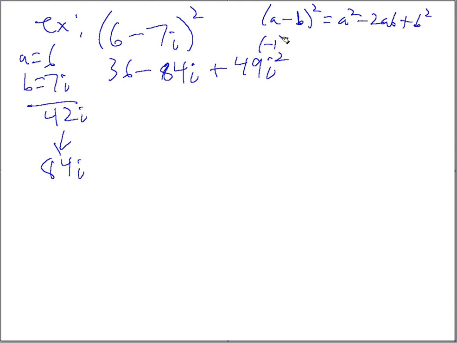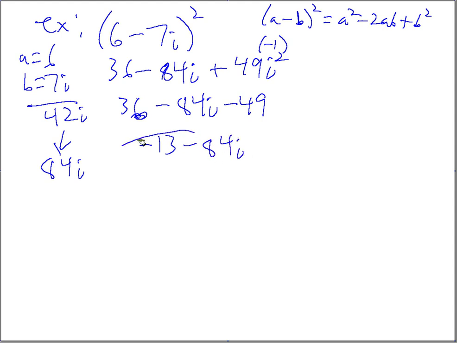I'm going to change that to minus 49 if you don't mind, skipping that step here. So 36 minus 84i minus 49, right? So 36 minus 49 is what? Negative 13. Negative 13 minus 84i as our solution.